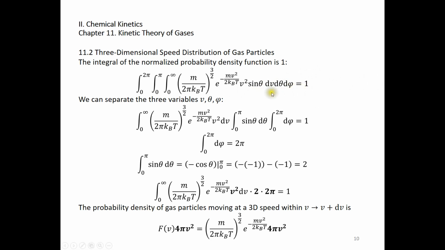So v is from 0 to infinity, theta is from 0 to pi, phi is from 0 to 2 pi.